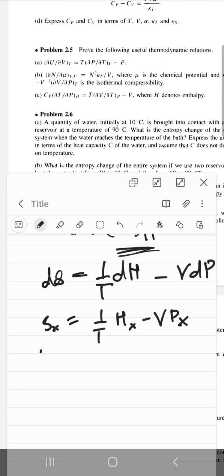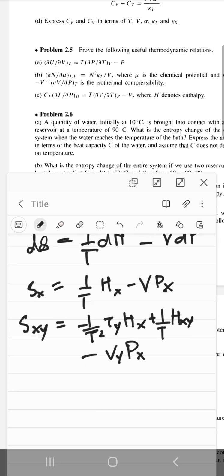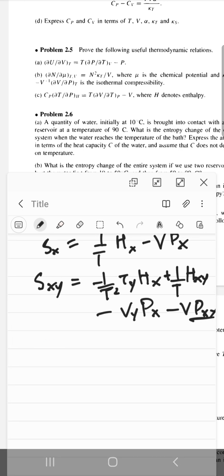And so from there you can say that S sub xy is equal to negative 1 upon T square T sub y H sub x, plus 1 upon T H sub xy, and then minus V sub y P sub x, and some other stuff, so minus V P sub xy. Now these two terms will also occur in the other one, in S sub yx.